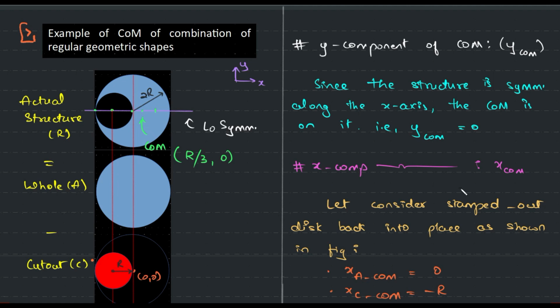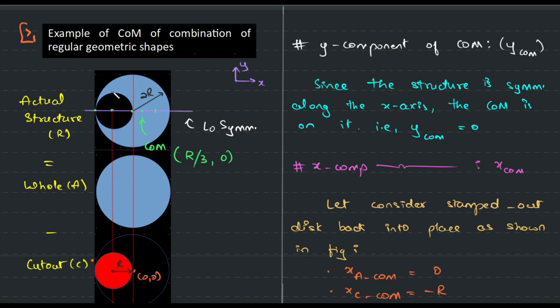So this resulting disk can be thought of as a combination of an entire disk minus the cutout disk. So using that fact and symmetry, we have solved this question. Using symmetry, we were able to figure out the y component of center of mass, the y coordinate basically.